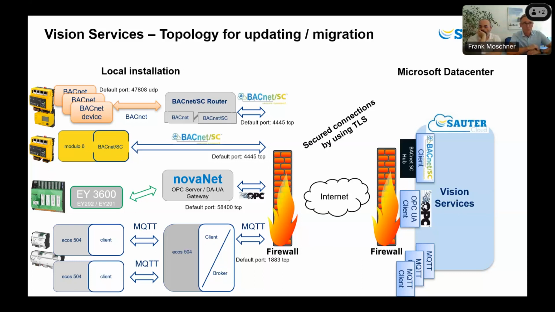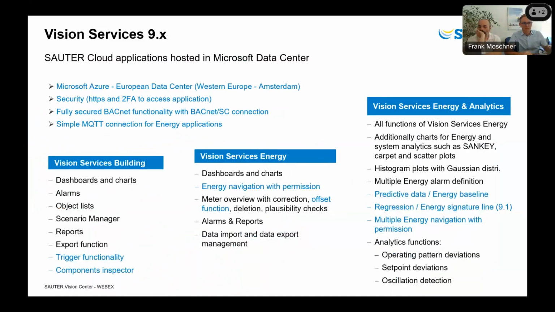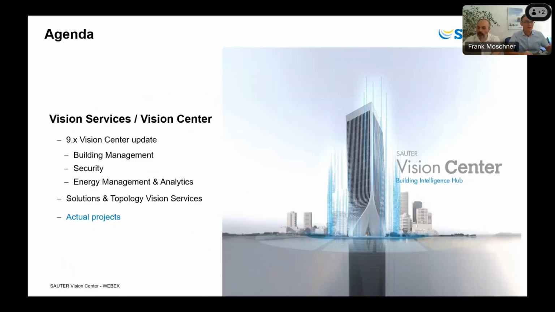And that is possible as well. Good, and that is the overview here about those Vision Services: building, energy, and energy and building analytics. You see here there are new functions based on 9.1, and all these minor improvements that we have shown are available here as well.